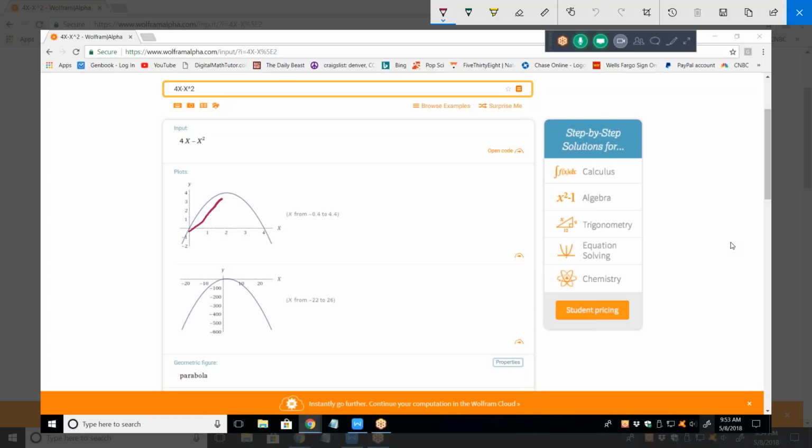These are equal at 2. So I'm going to take this area right here and rotate it about the y-axis.